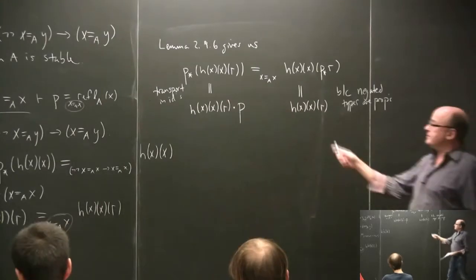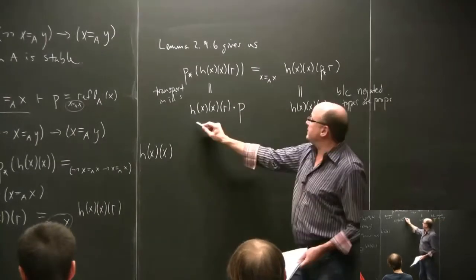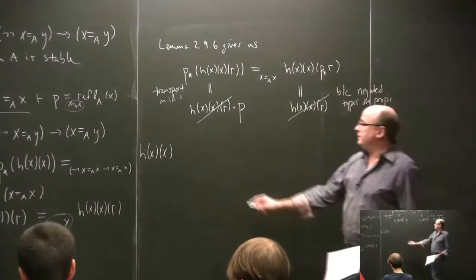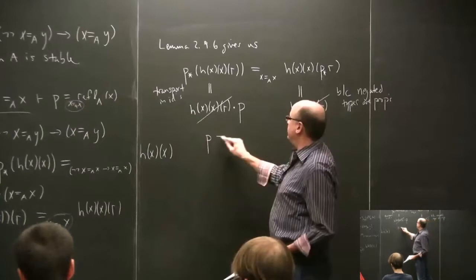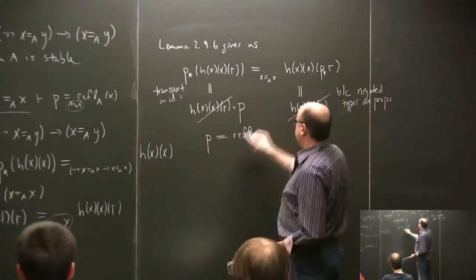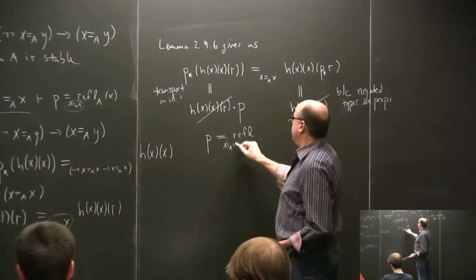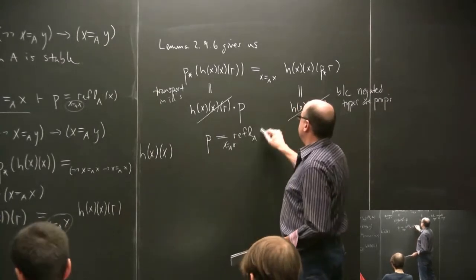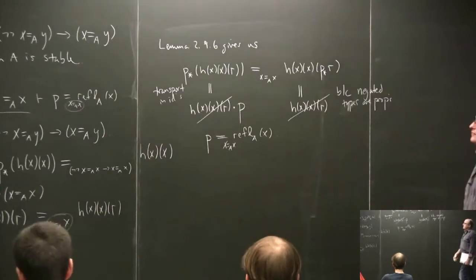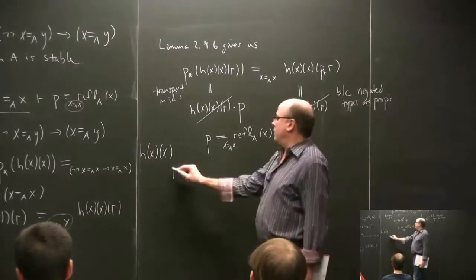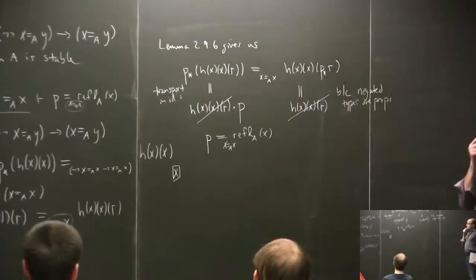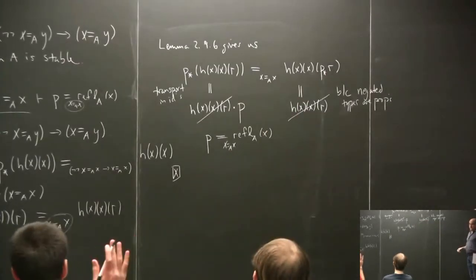And so now you can see what I do is divide through by h of x of r, and so I get that p is equal to reflexivity. We're working in x equals ax, so this has to be reflexivity of a, and that's enough for the result. That's what we needed. Okay, so yes.